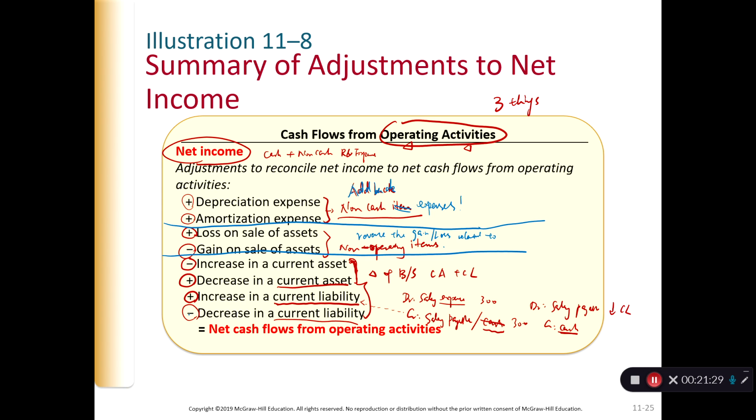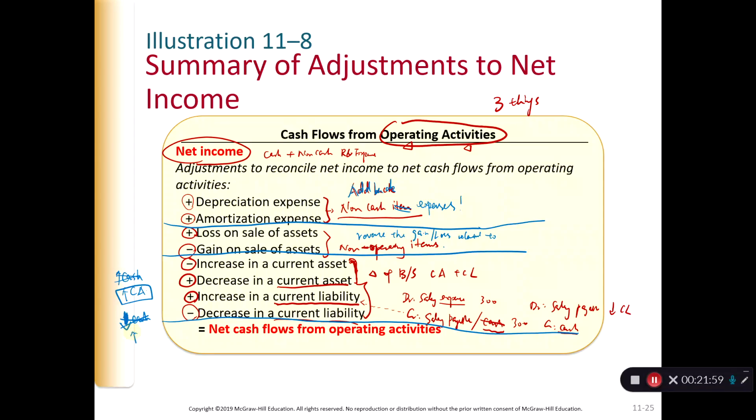The third section is simply this: if you have an increase in current assets, the cash that was supposed to increase gets occupied by the increasing current asset. Hence you need to minus that out. But when you have an increase in current liability, it means you were supposed to use cash, but the cash didn't go down.